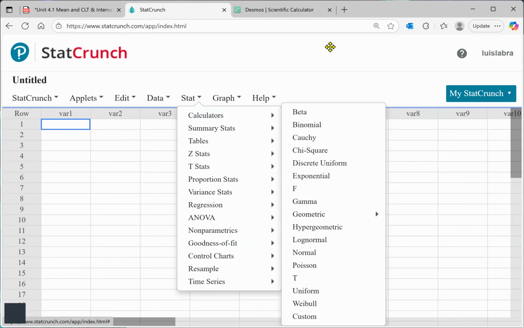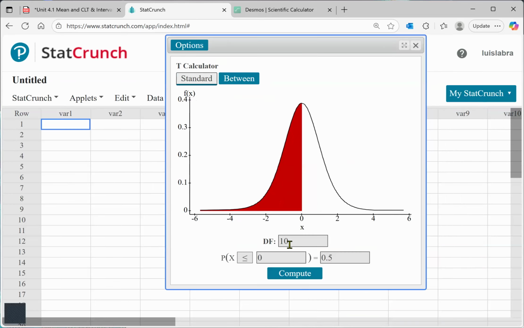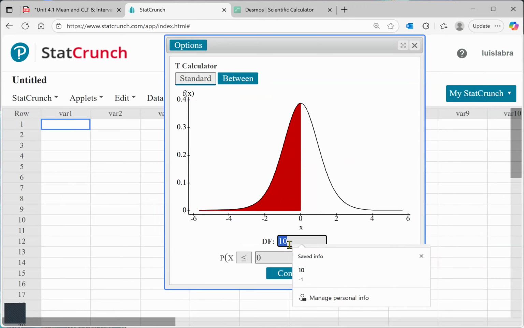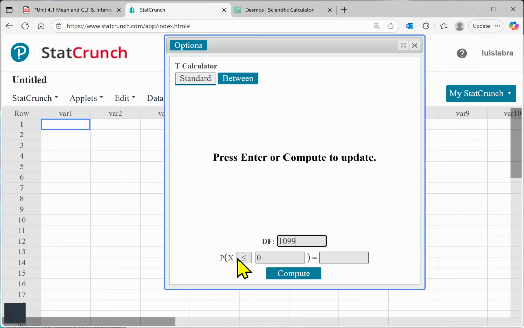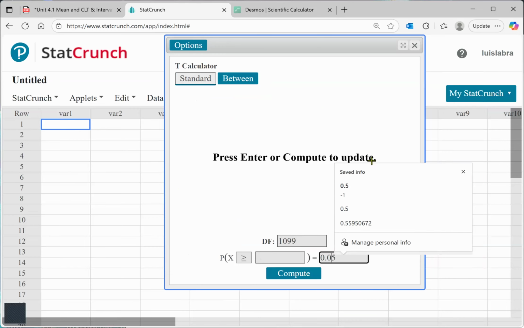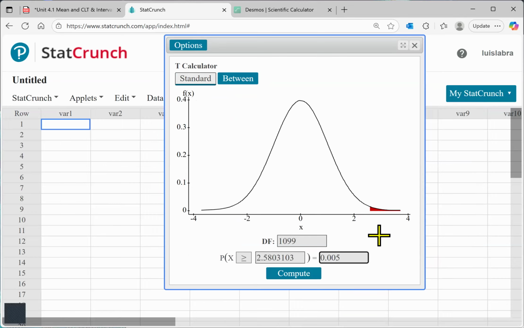In this case, I pick t, and I'm going to go ahead and type in my degrees of freedom, which is 1,099. The area to the right has to be 0.005. And notice that I have a picture that's very much the same as what I sketched earlier. So in this case, my critical value is 2.5803.